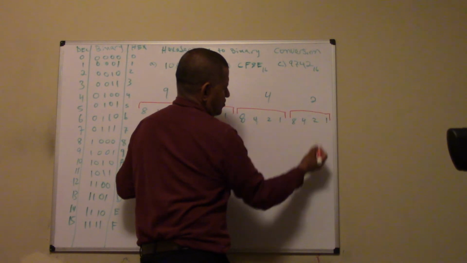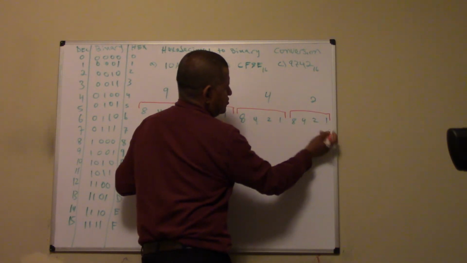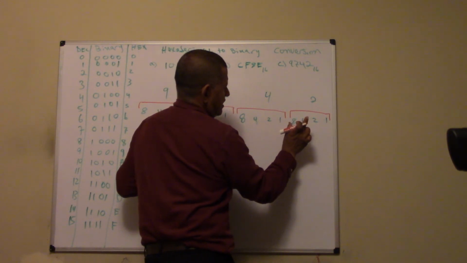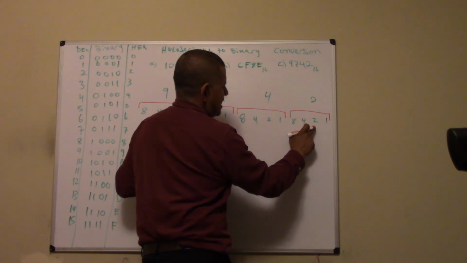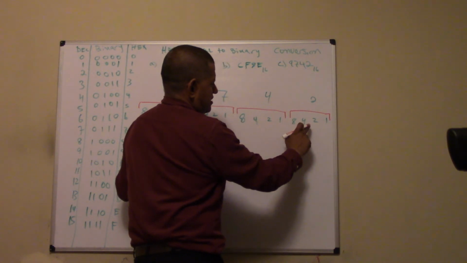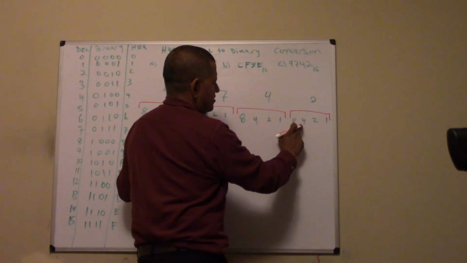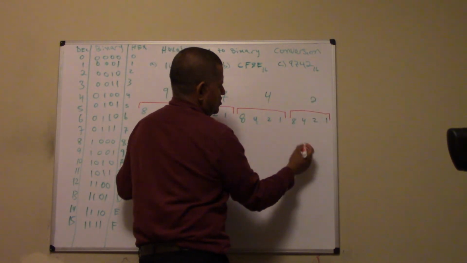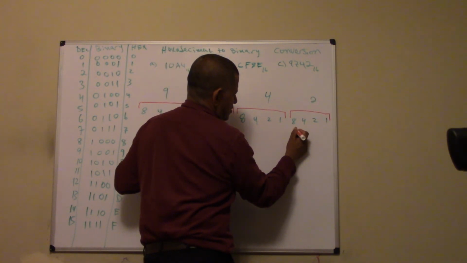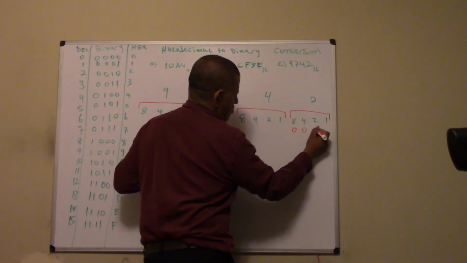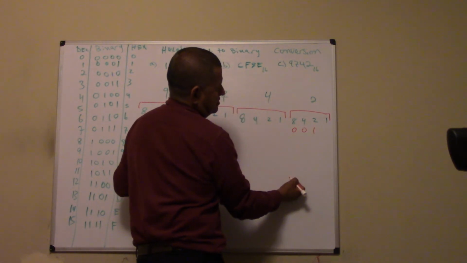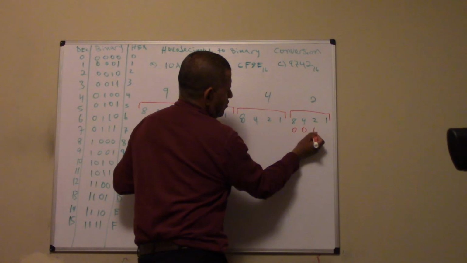How do I get 2? I get 2 by turning on just one bit, because if I add any of the other numbers, it's not going to equal 2. So I put 0, 0, 1, 0, because I need that bit on for the 2.